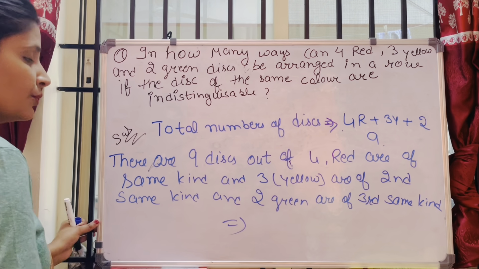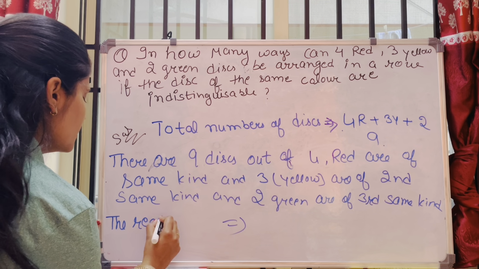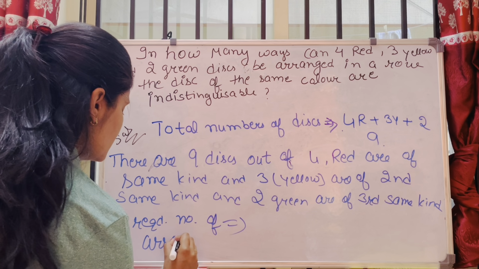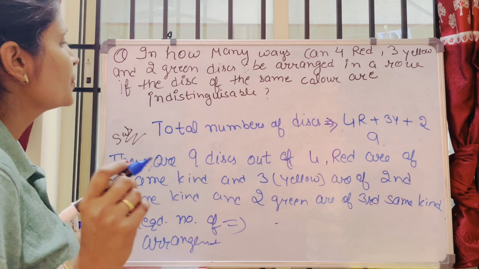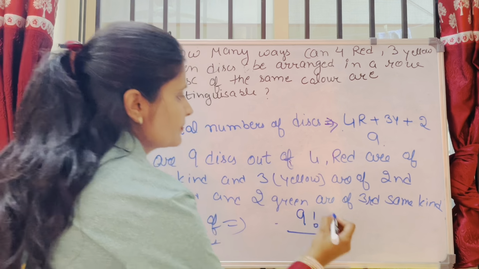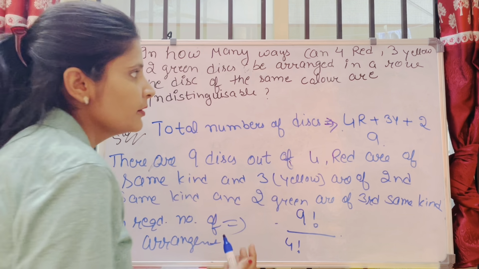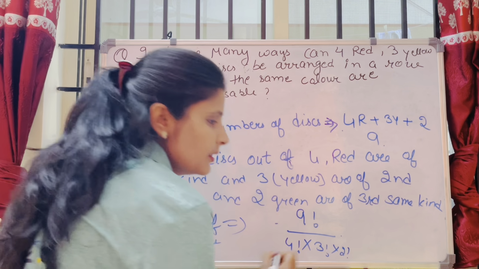So the required number of arrangements is equal to n factorial, upon 4 factorial for the repeated ones, 3 factorial and 2 factorial.